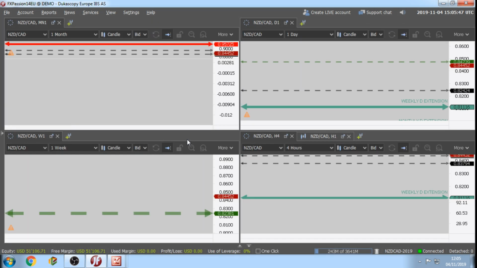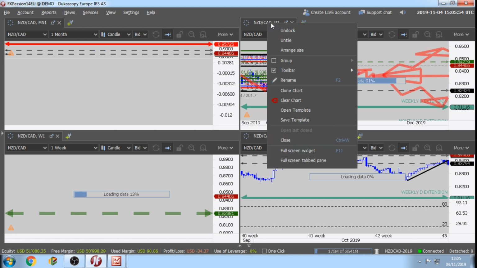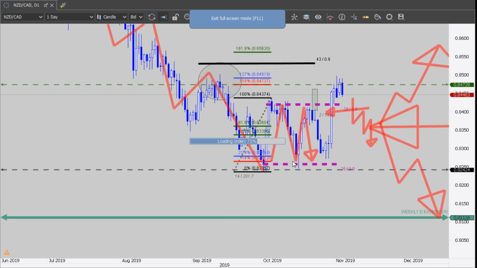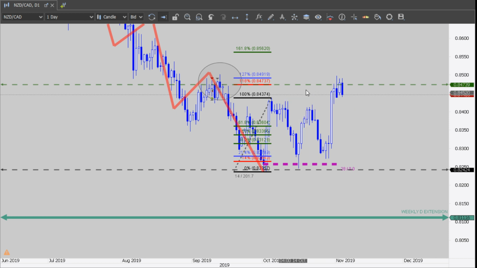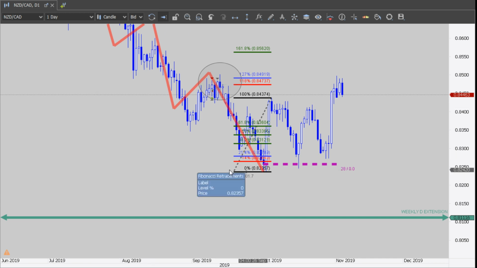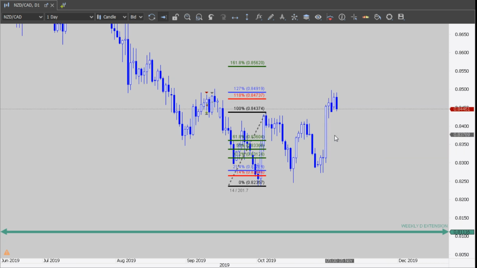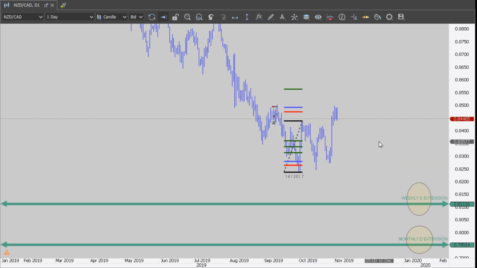Remember, when we are telling you that the higher time frame controls market direction, okay, now let's open the NZD-CAD daily chart, and we're going to delete a few things, and we're going to zoom out.